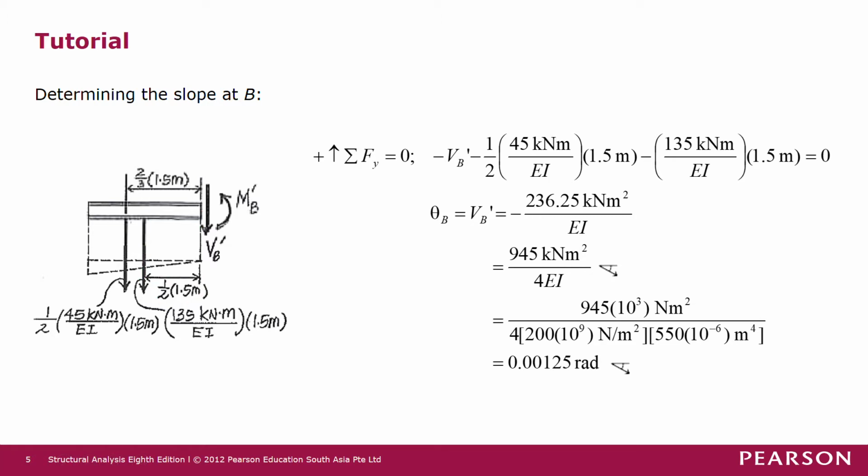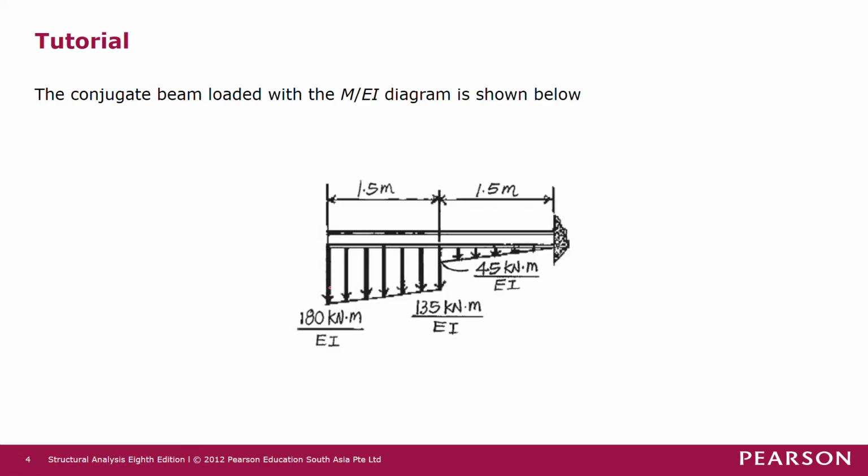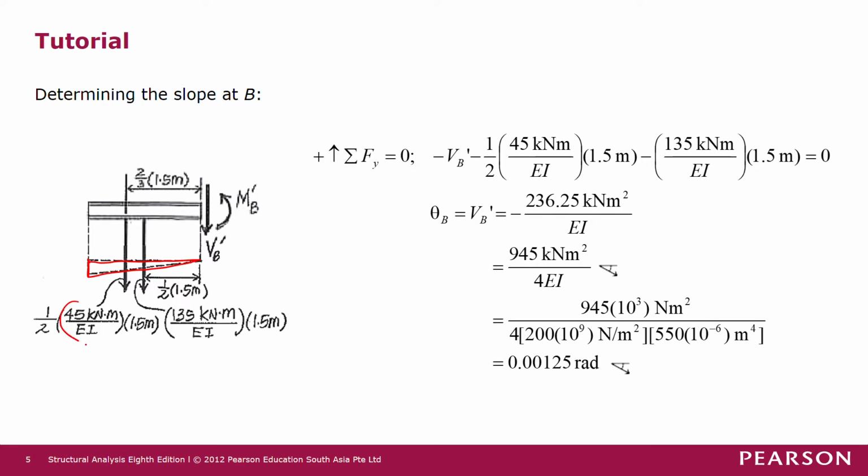Next, we look at the resultant force from the triangular load. This triangular load is 45 kilonewton meter over EI, times 1.5 meter times half, because it's the area of a triangle. The distance here is 1/3 of 1.5 meter, meaning that on this side, the distance is 2/3 of 1.5 meters.